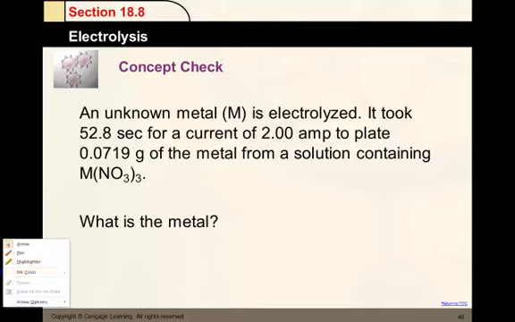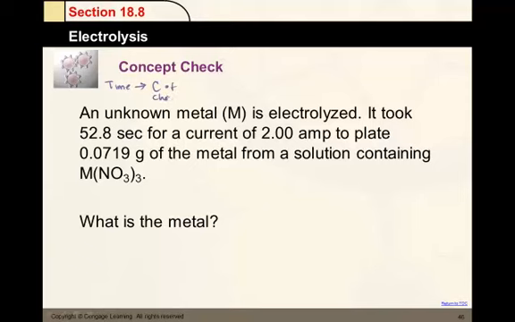So you're going to start with the time, and you're going to go to the coulombs of charge, then your moles of electrons, to your moles of substance M, to your identity of M. In other words, you need to find the molar mass.